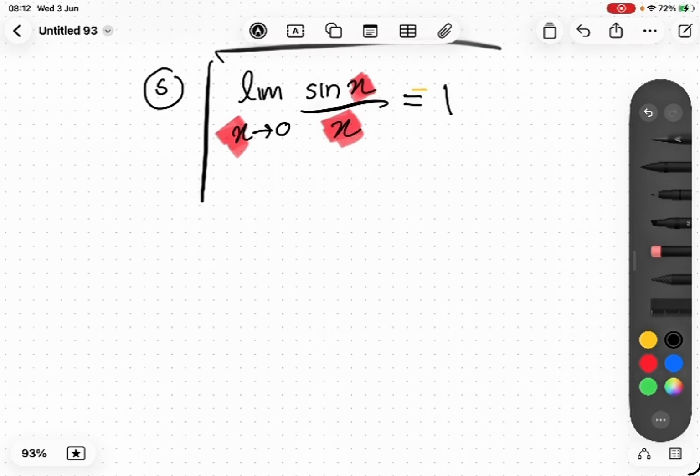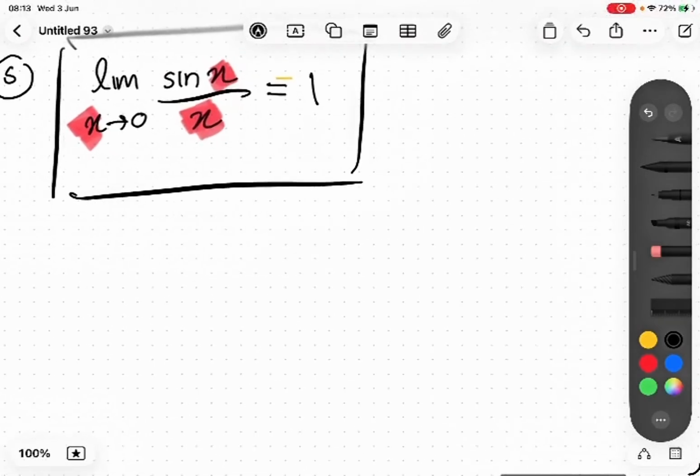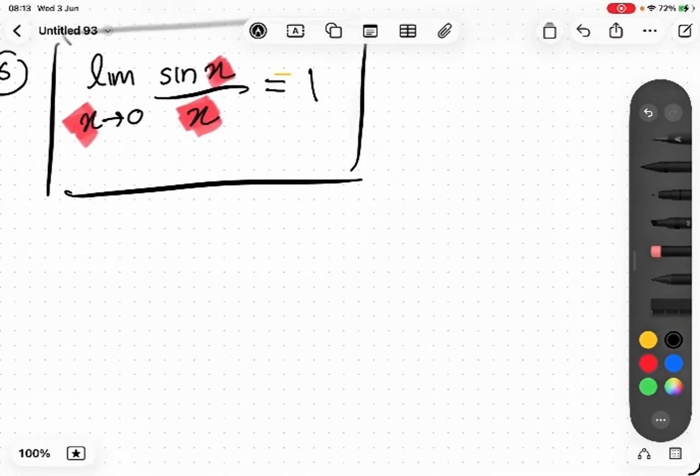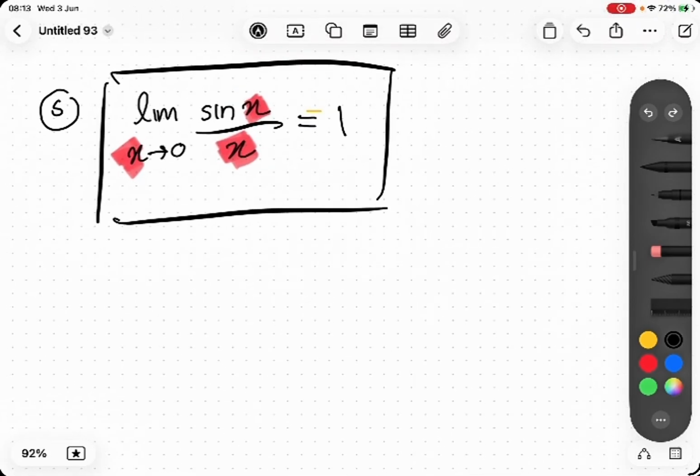Okay, we can prove this geometrically and also using the sandwich theorem, right? From this video I'm not going to teach you the proof of this. I'm just going to state this, and I will teach you some examples where we can directly use it.